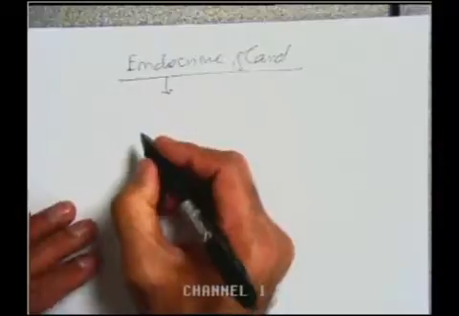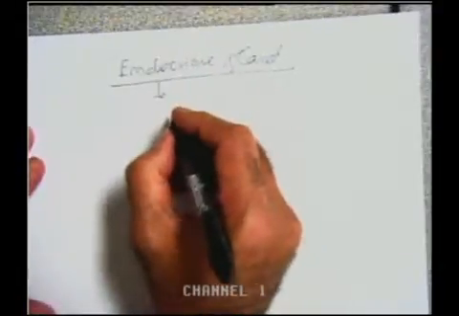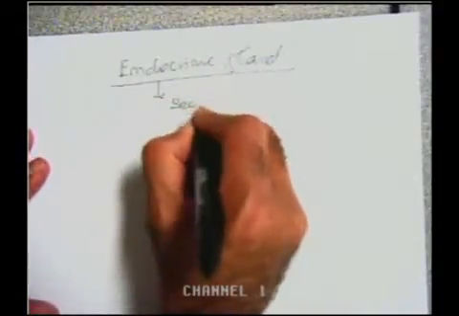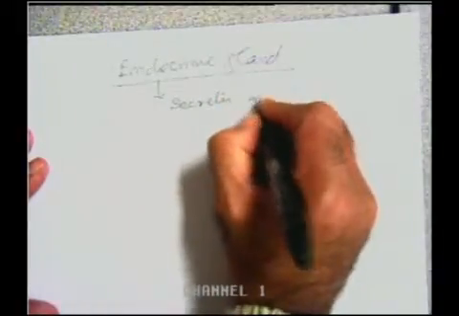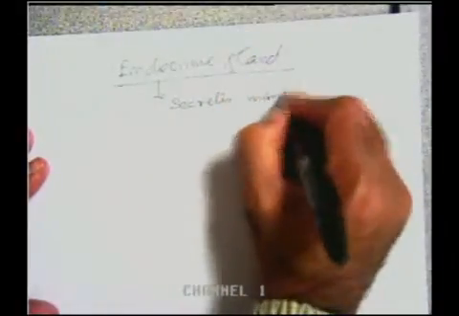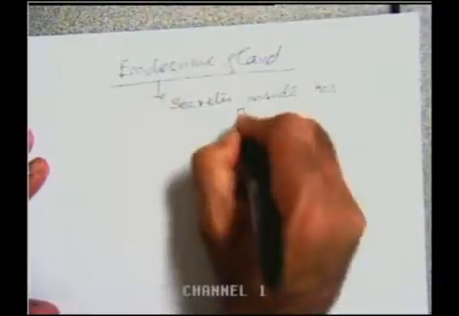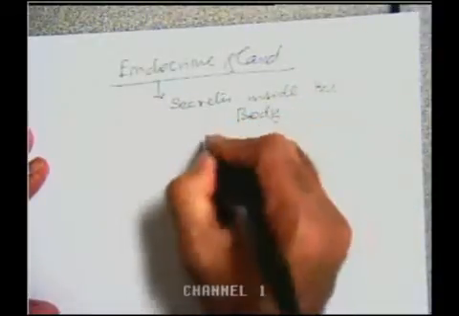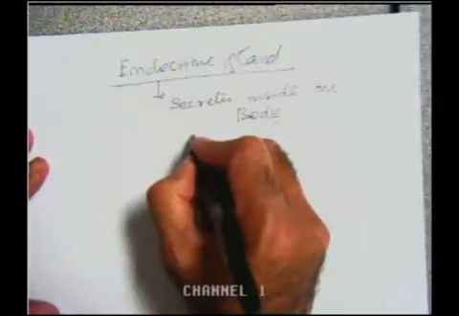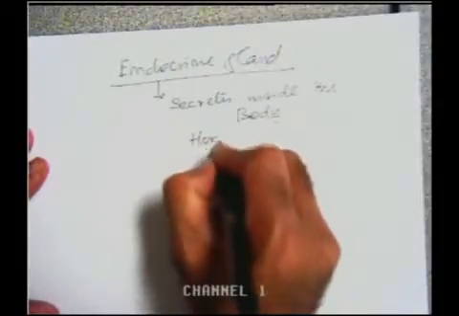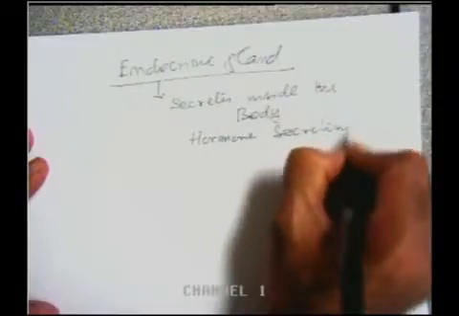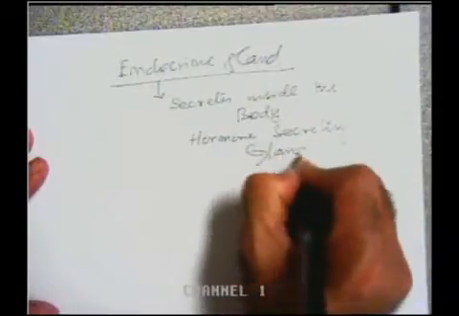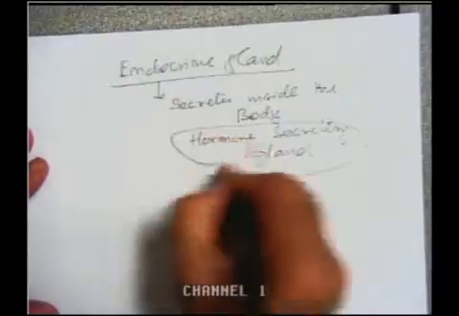So the definition of an endocrine gland is that these cells secrete hormones inside the body. That is the hormone secreting gland, otherwise called the endocrine gland.